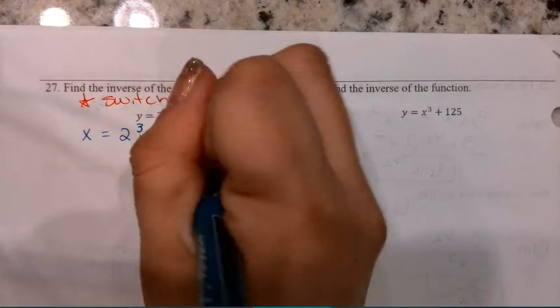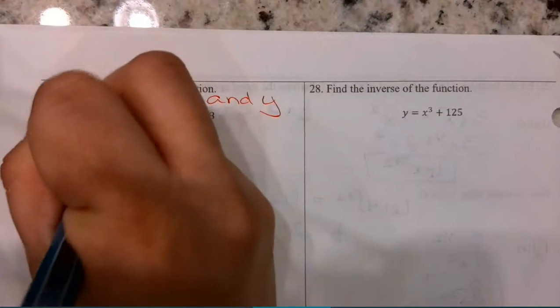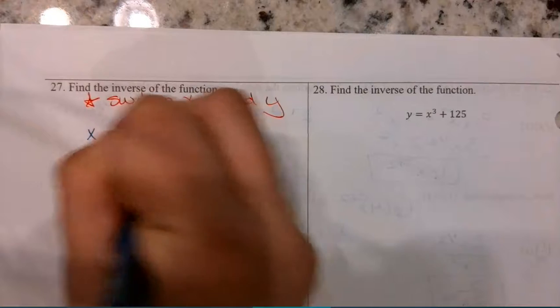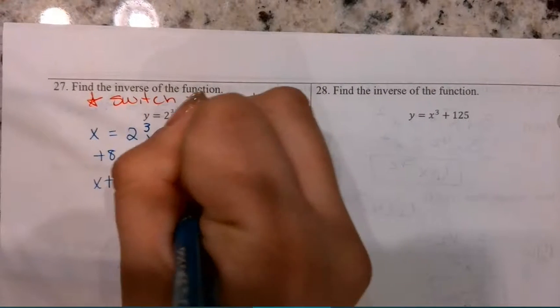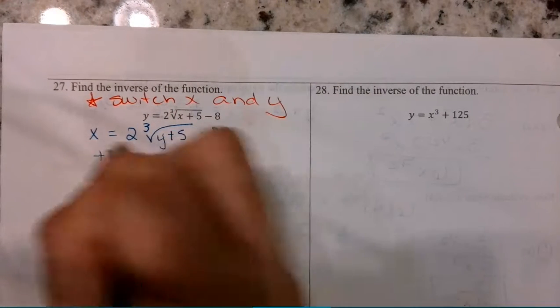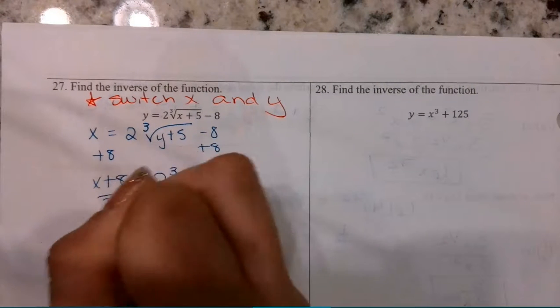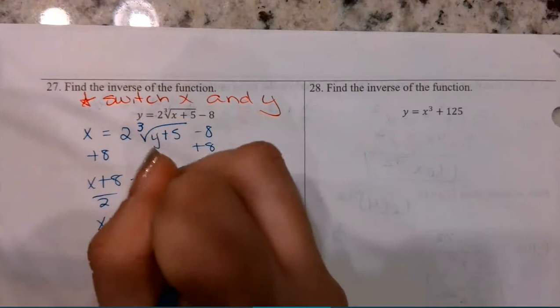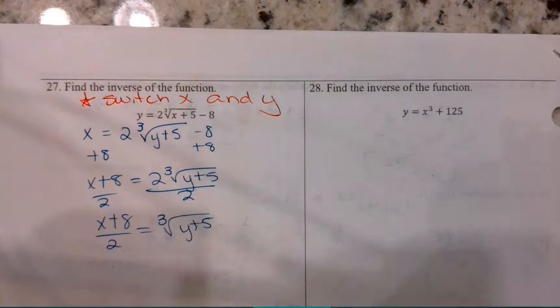Then I want to start by adding 8 to both sides. I have x plus 8 equals 2 cube root of y plus 5. Divide both sides by 2. X plus 8 over 2 equals cube root y plus 5.